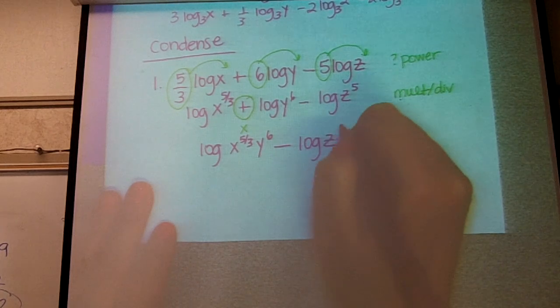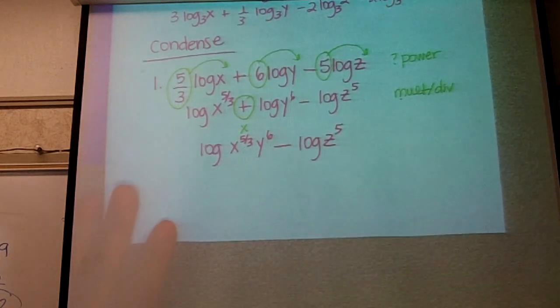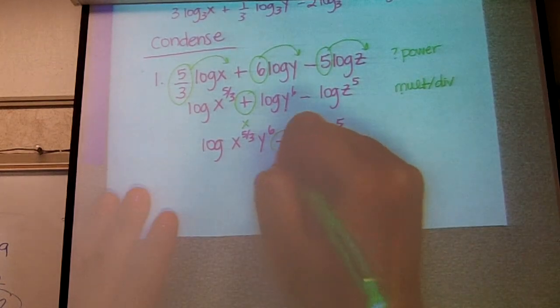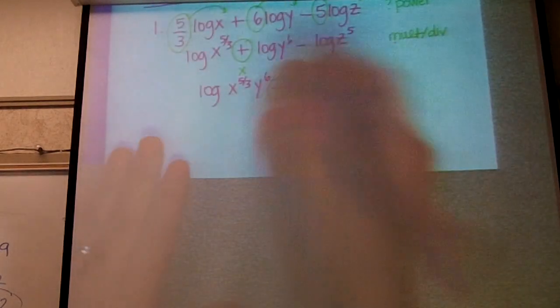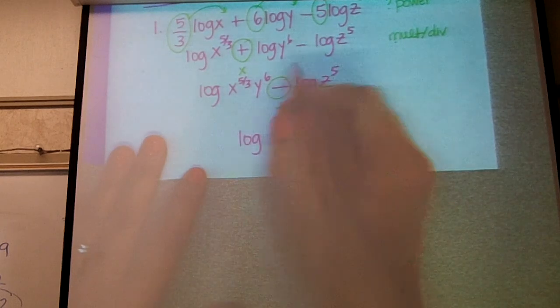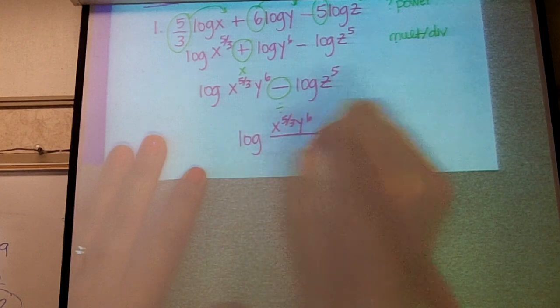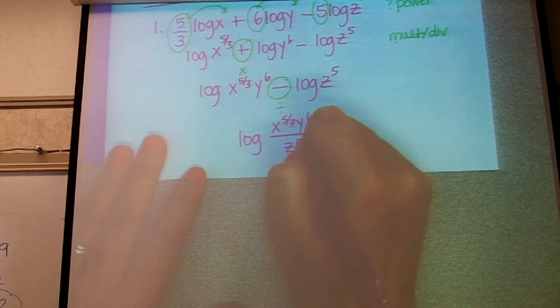And once you get good at these, you don't have to show every single little step. That's fine. And then the minus basically means division. So now finally, for my final answer, I'm going to have the numerator divided by the denominator.